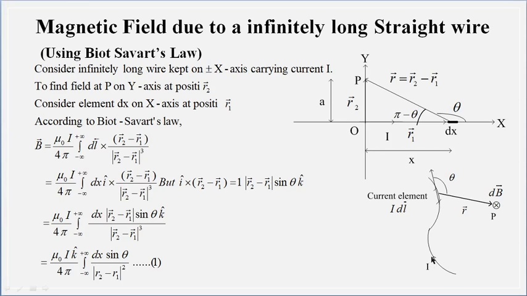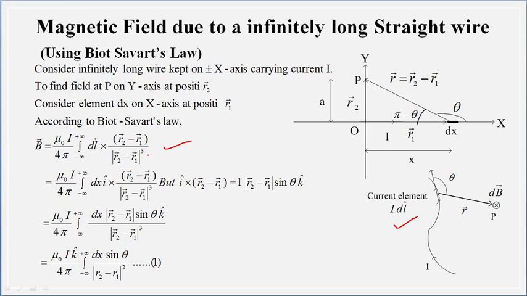I is the current flowing through this. So this is the diagram we have considered, and this is the formula which we have written.